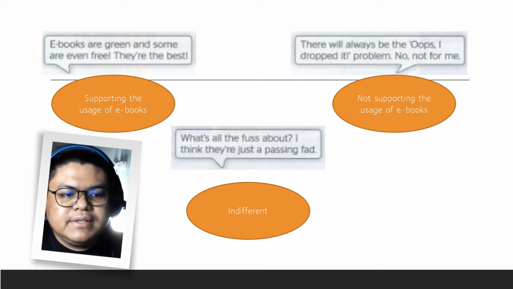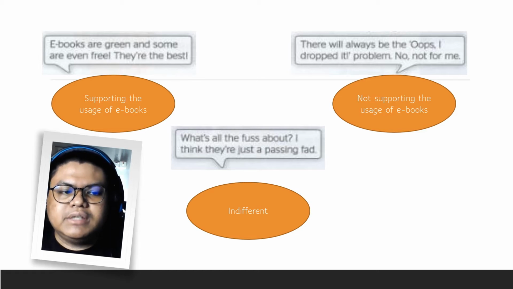Okay, so here it is. As you can see, the first person, the one that said ebooks are green and some are even free, they are the best. So naturally this particular person supports the usage of ebooks. Okay, because yalah, dia cakap benda yang baik-baik je kan.